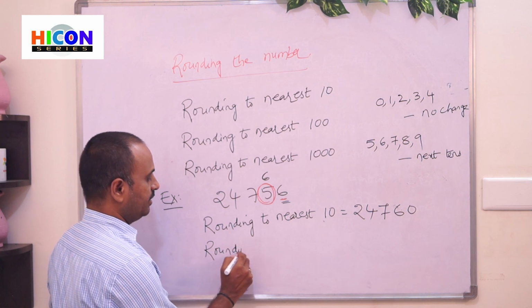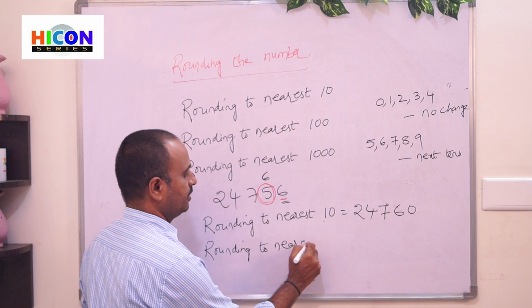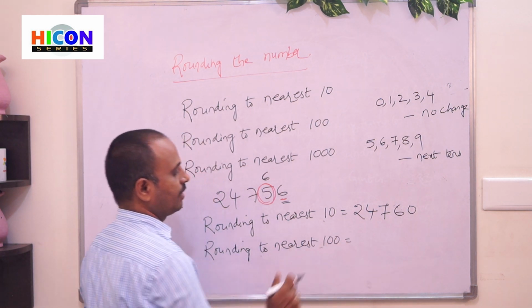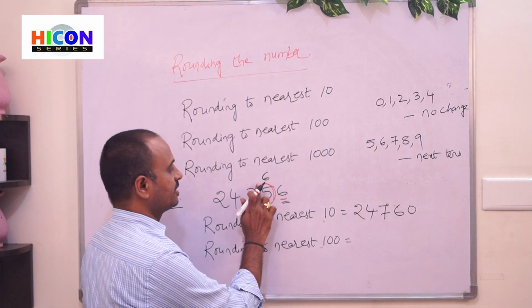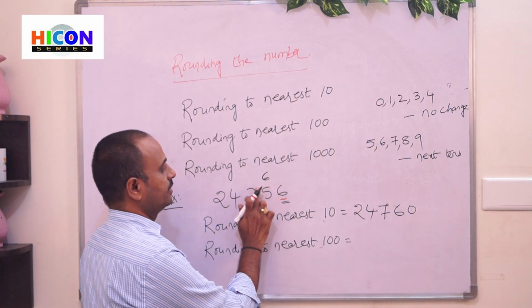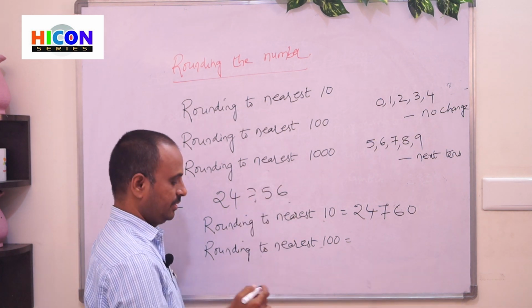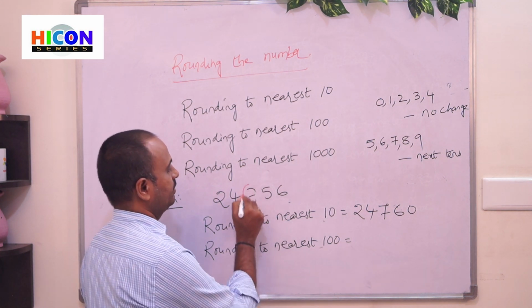Rounding the given number to nearest 100. First identify the digit present in the hundreds place. Here the digit present in the hundreds place is 7.